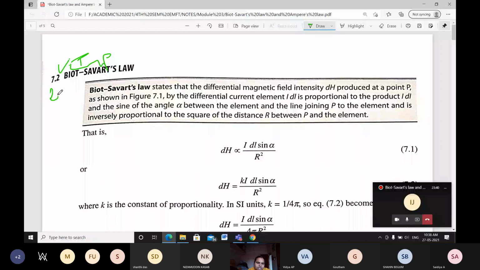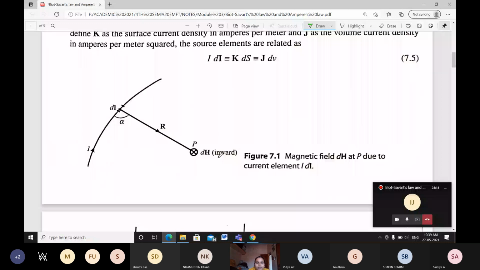What is it stating for us? Biot-Savart's law states that the differential magnetic field intensity, that is dH (the magnetic field intensity is represented with the letter H, electric field intensity with E), produced at a point P, the point shown in the figure, is produced by the differential current element I dL.